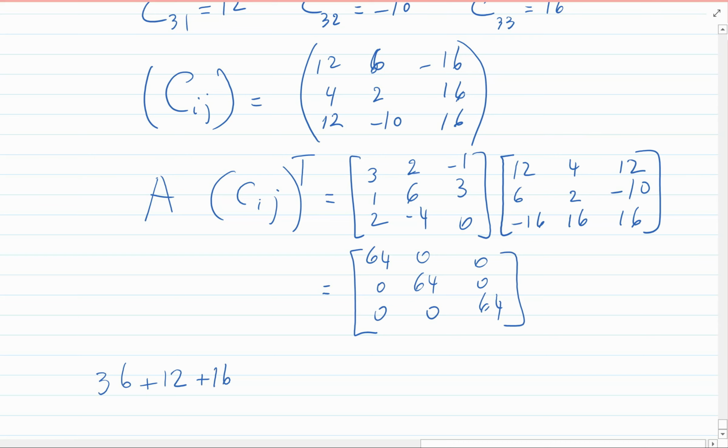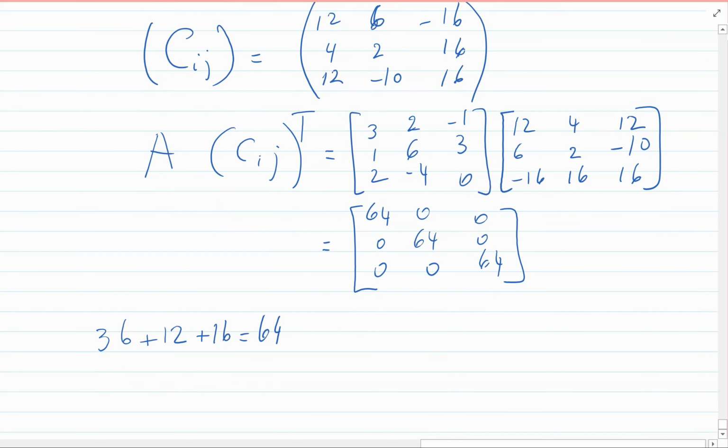And in fact, I can also compute the second one if you want. So we take the first column of the adjoint matrix times, let's say, for example, the second row. So it gives me what? 12 plus 36 minus 3 times 16, 48. And obviously, that's 0. So anyway, this is equal to 64 times I3.